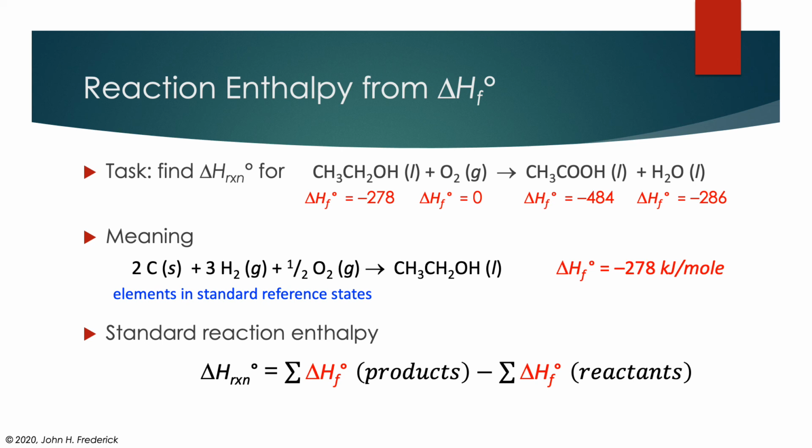Now, another piece that I couldn't easily add to this equation is that you must multiply these heats of formation by the coefficient in the balanced chemical equation. So if there was a 2 in front of the molecule in the balanced chemical equation, you would have to multiply its heat of formation by 2 in calculating the standard reaction enthalpy.